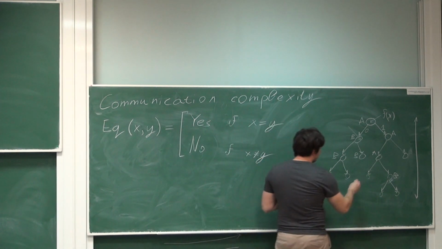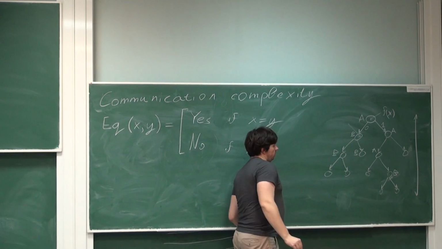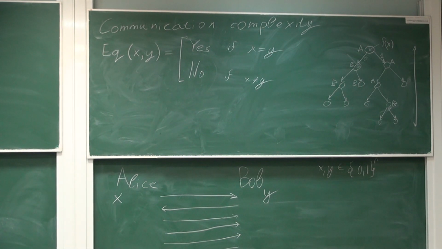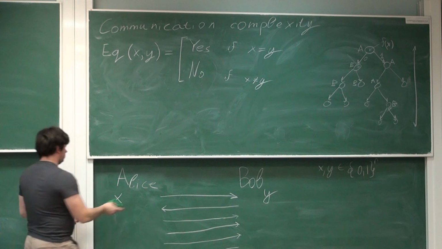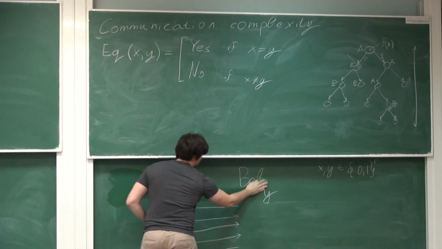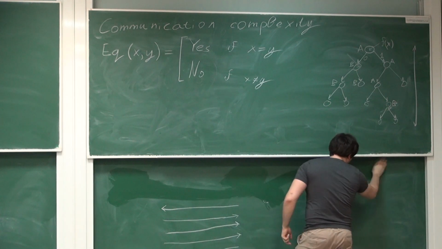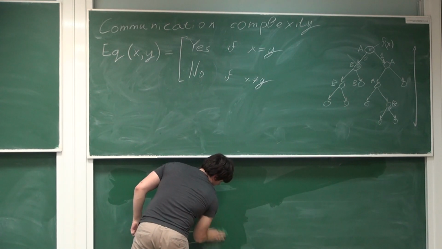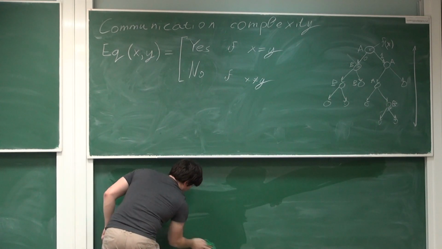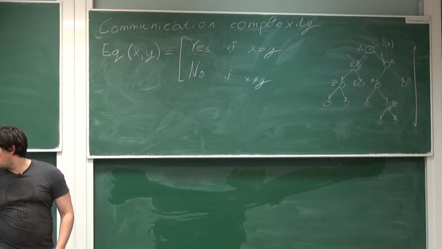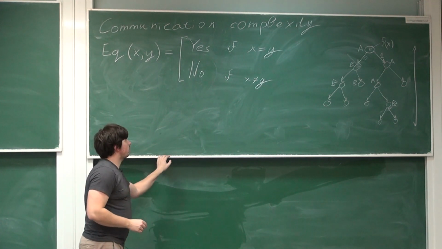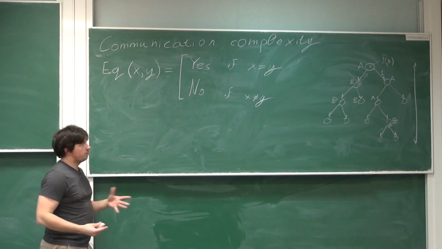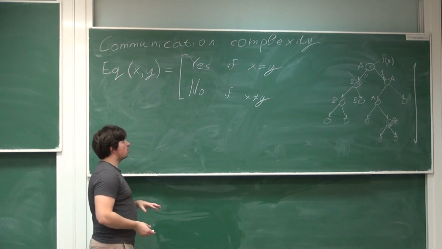So what I want to introduce now is the combinatorial rectangles corresponding to the nodes of this protocol.